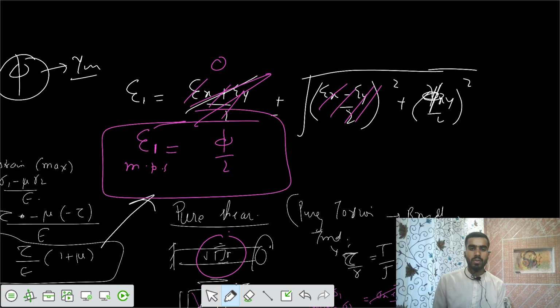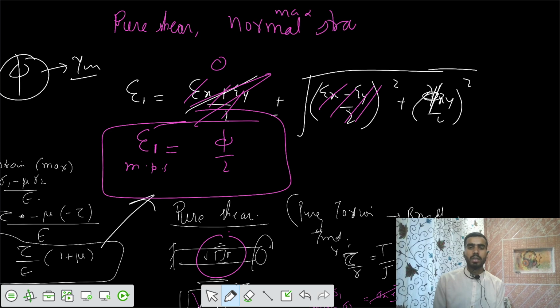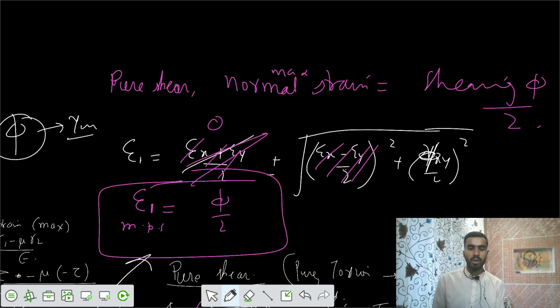So the conclusion is that for pure shear, or we can say for pure torsion, your major normal strain, the maximum normal strain, equals the shearing strain by 2. This is one important point here.